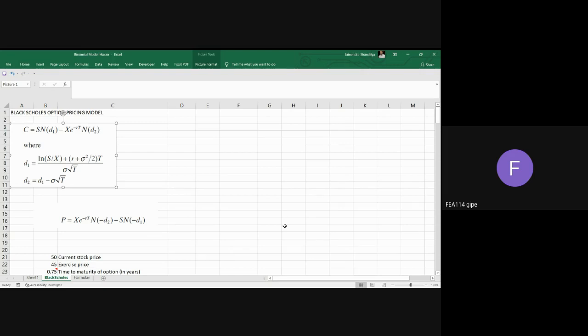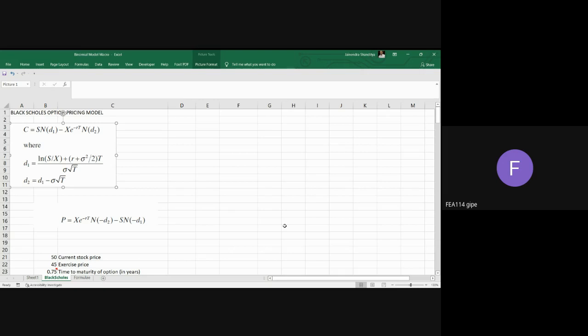This formula became so popular that in 1997, some 23, 24 years thereafter, the duo were to be awarded the Nobel Prize, but unfortunately, Fisher Black had passed away by then. As per the rule of the Nobel Prize Committee, the prize is not paid to anyone who is not alive.